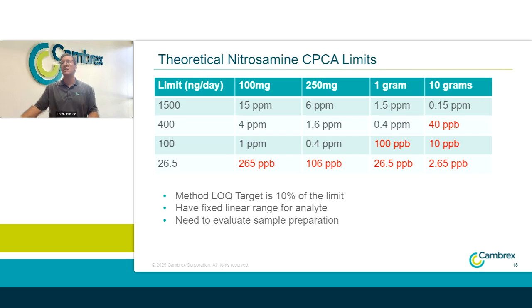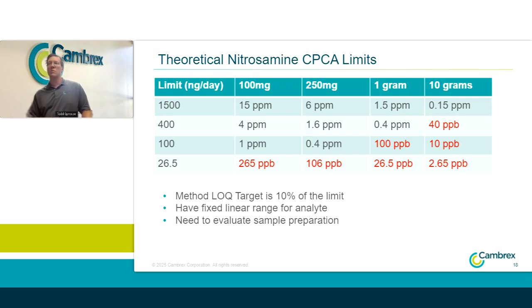And so as you can see, even with the CPCA limits, we can start at around 15 ppm and then move quickly down into the ppb range, especially for the category 1 and 2 compounds where you have 100 nanograms or less, which are similar to the small molecule nitrosamine impurities.